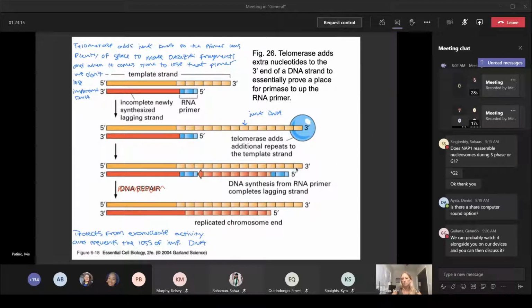So it doesn't really matter if this piece over here gets cut off. So that's going to protect our chromosomes from the loss of important DNA, and it's also going to protect our chromosomes from exonuclease activity. Because if we had just these single strands, DNA polymerase might come in and cut it back until we get double-stranded DNA again.